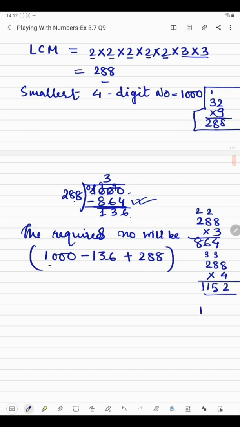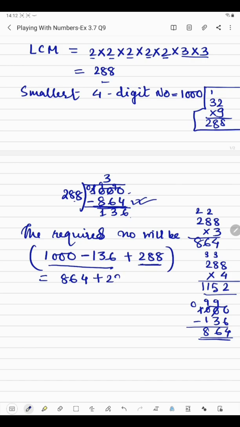Now 1000 minus 136: 10 minus 6 is 4, 9 minus 3 is 6, 9 minus 1 is 8. So here is 864. So from here we have got 864. Now this 288 is to be added to 864.